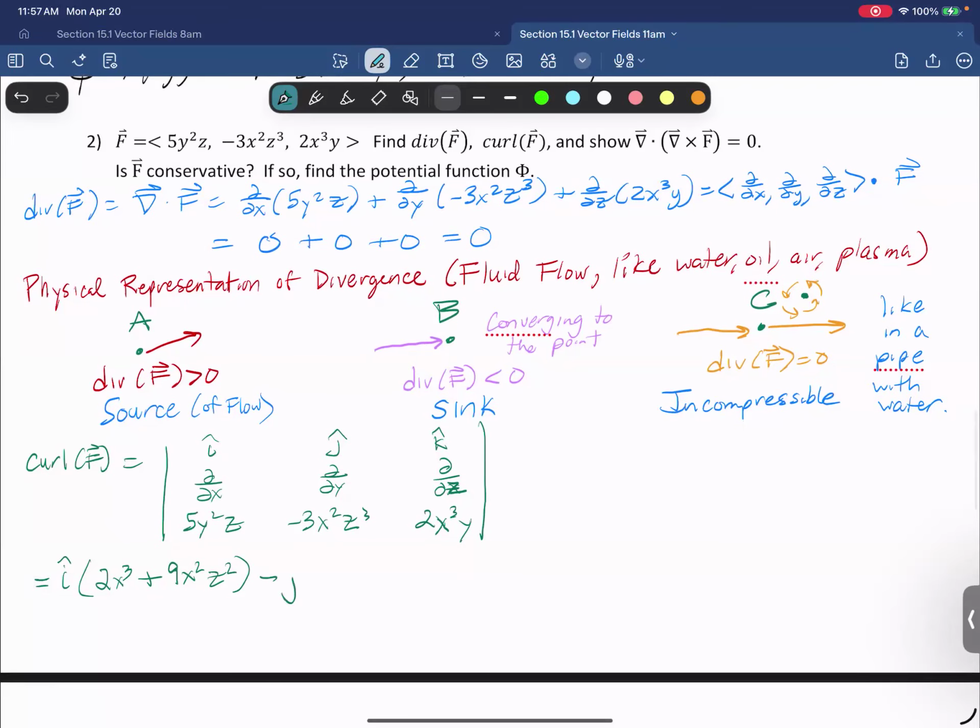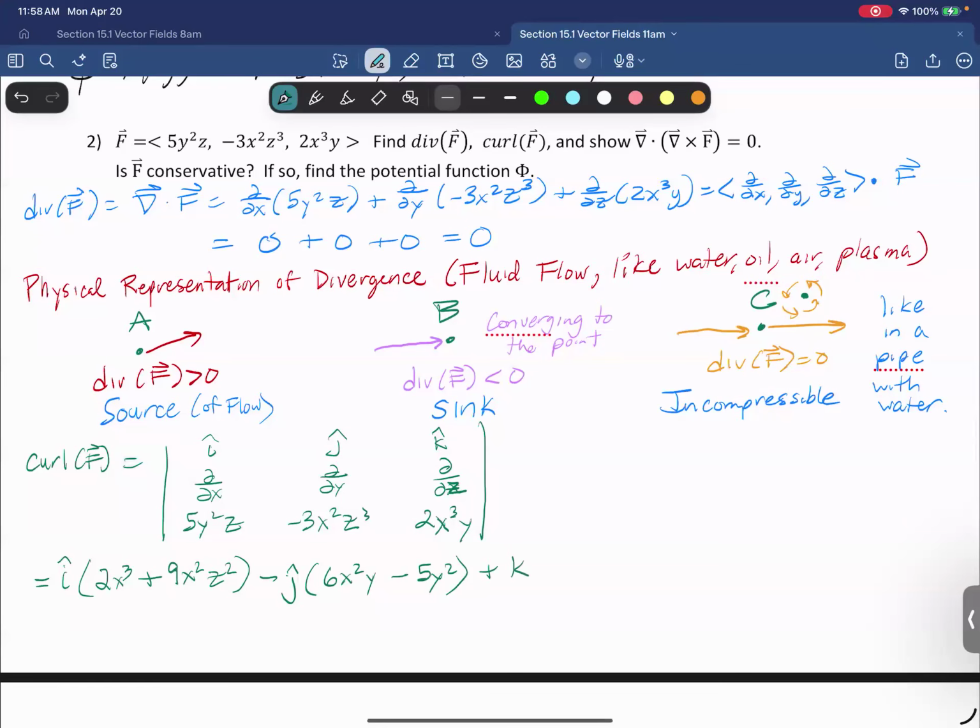And then I have minus j hat of ddx of 2x cubed y, which is 6x squared y. And then I have minus ddz of 5y squared, which is just 5y squared, or 5y squared z, sorry.